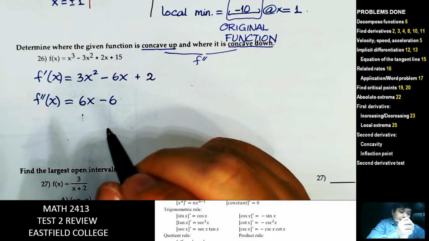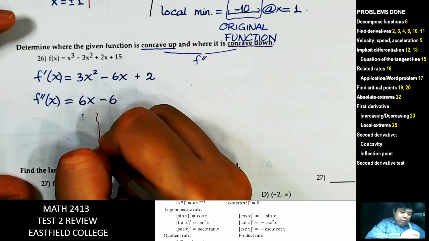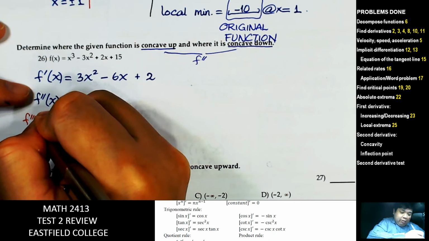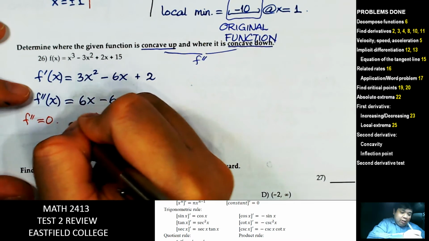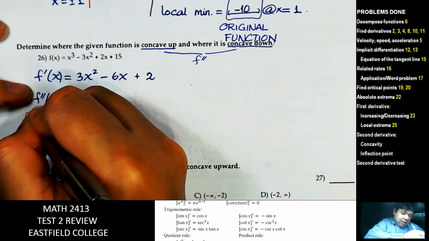Now, pretty much like what we had before, second derivative equal to 0 or does not exist.